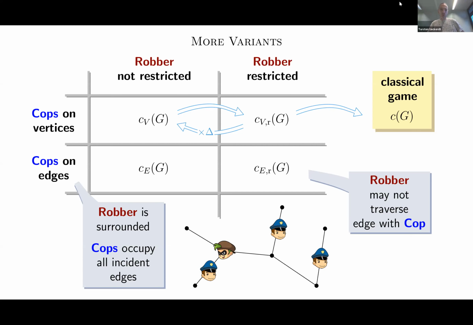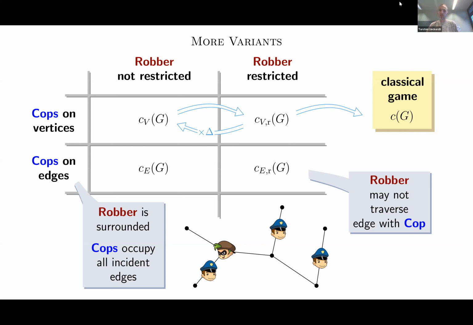So every cop always is on an edge and can move from an edge to an adjacent edge. And the robber is surrounded if the cops occupy all the incident edges to the current robber position.